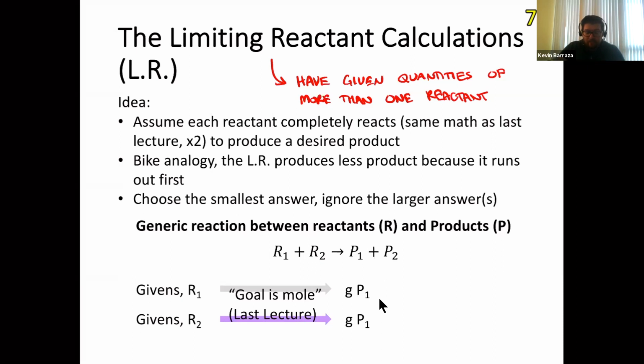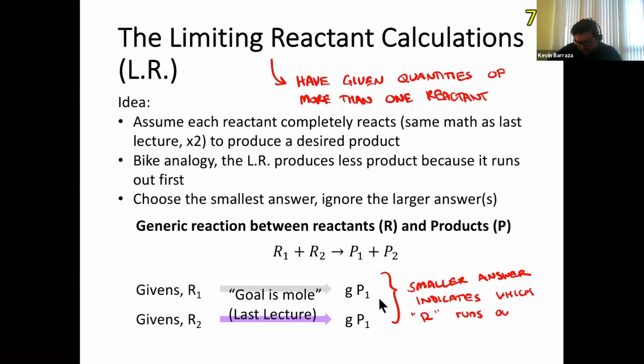And that's because the smaller answer indicates which R, for reactant, runs out first.